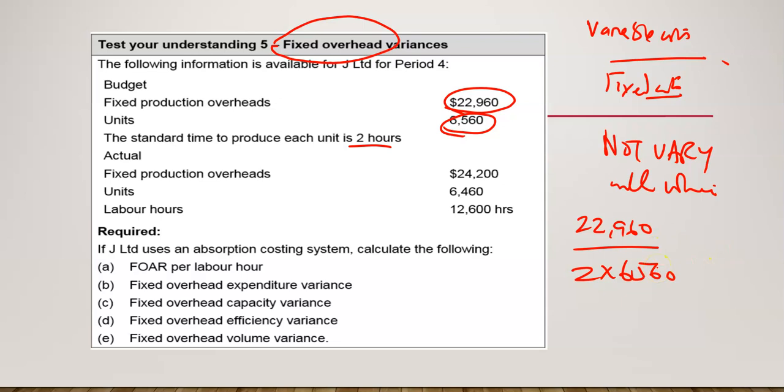We wish to absorb that. And if you divide 22,960 by 13,200, you get £1.75. So you can almost say that each hour of fixed overhead generates £1.75. It doesn't really, but we can think of it that way.